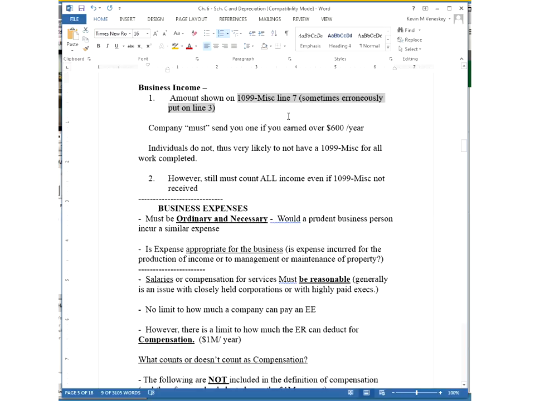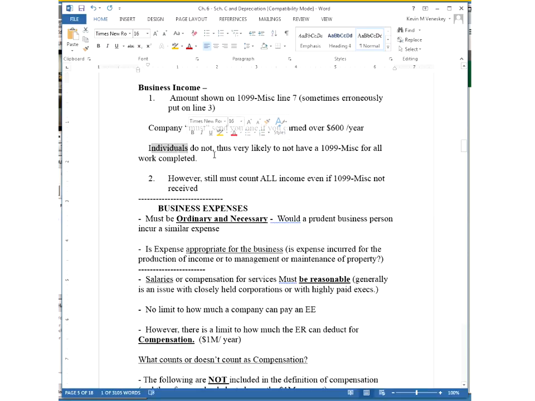Sometimes companies make a mistake and put it on line 3, other income, but generally you'll see it on line 7. Companies, note this is companies, if you make over $600 per year with them, then they are required to fill out a 1099 miscellaneous and send it to you and a copy to the IRS.